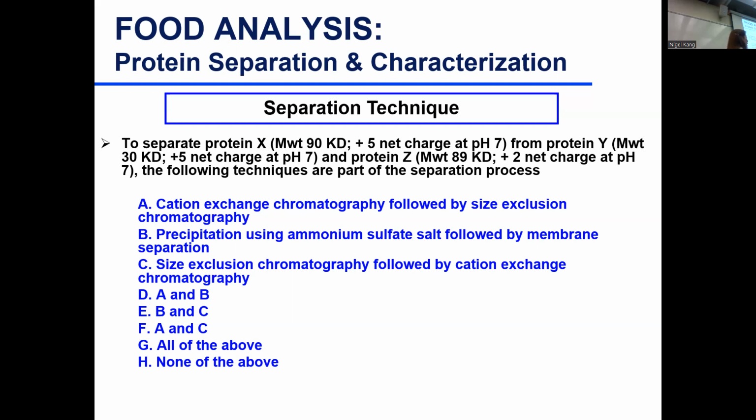So we can add the amount of salt that precipitates some of them and then use membrane separation to separate those which have different molecular weight. So first, again, based on charge, and then based on molecular weight. Does it make sense? Any question? No?